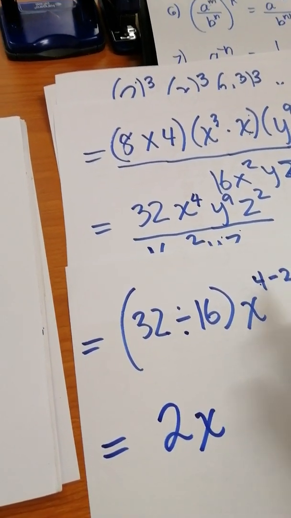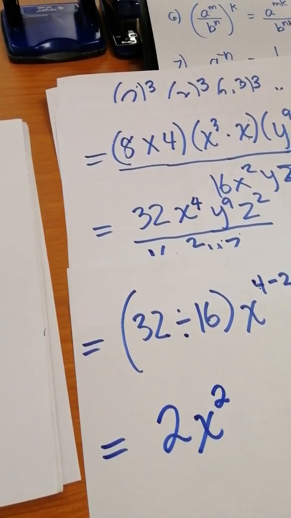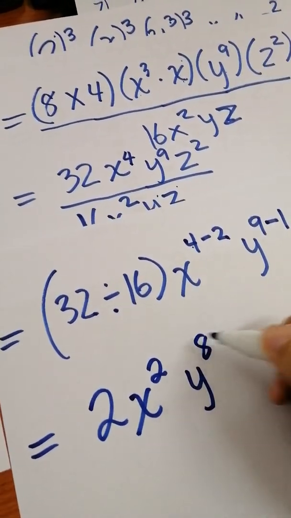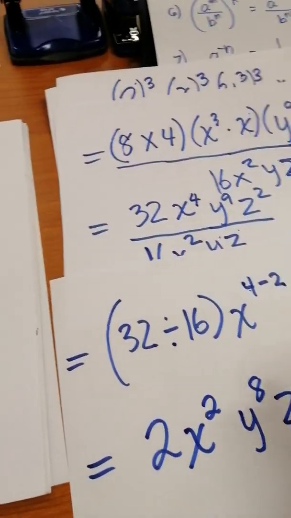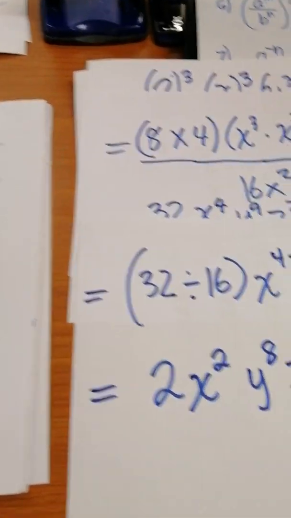X power 4 minus 2 is 2. 9 minus 1 is 8. Z 2 minus 1 is 1. And we don't need to write this one.